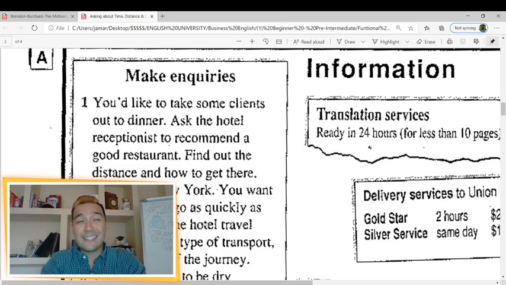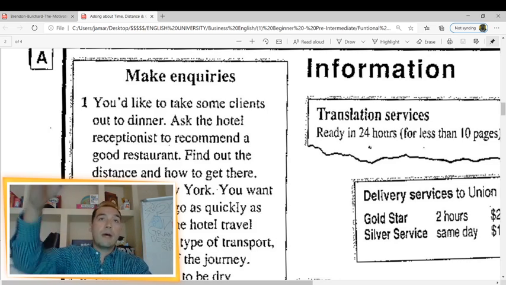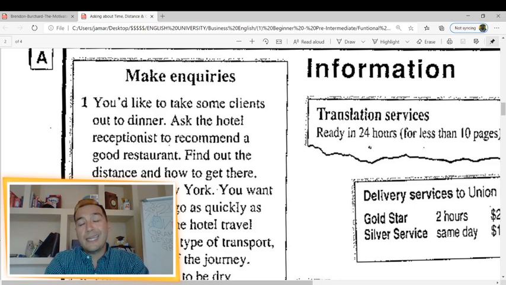In today's class, we're going to make inquiries about time, distance, and cost. So in your notebook, put today's date, September 25th, and distance, time, and cost. So today we're learning about distance, how far or how long is the way, how long does it take, time, and how much.